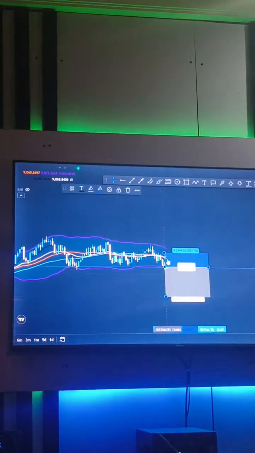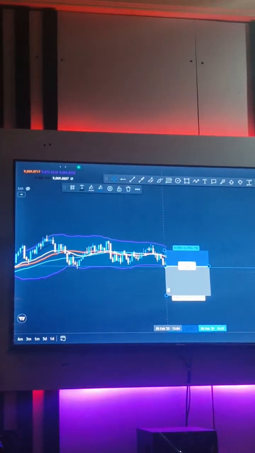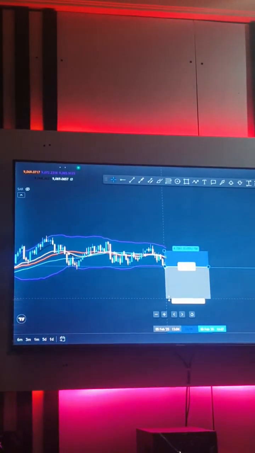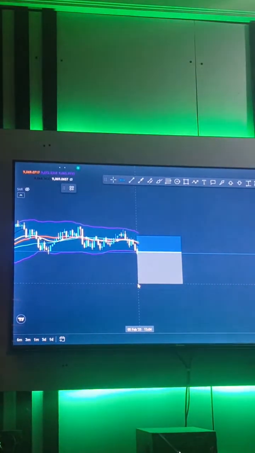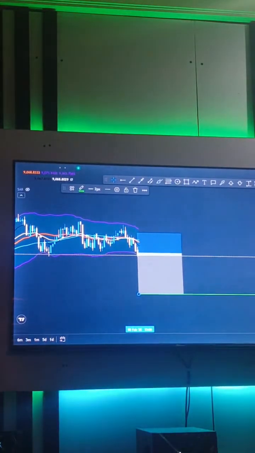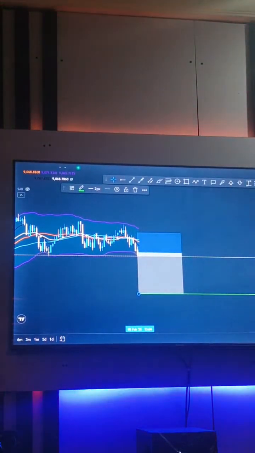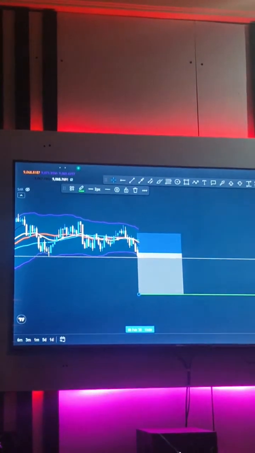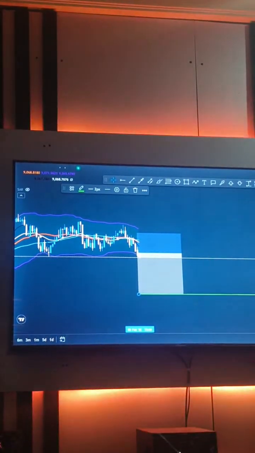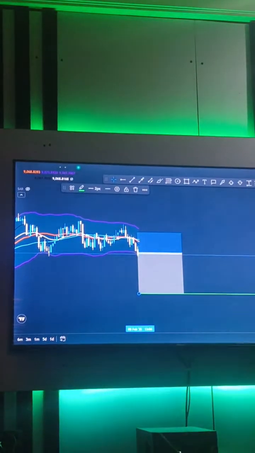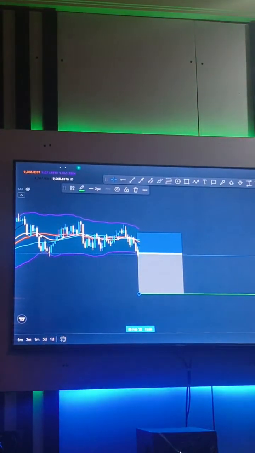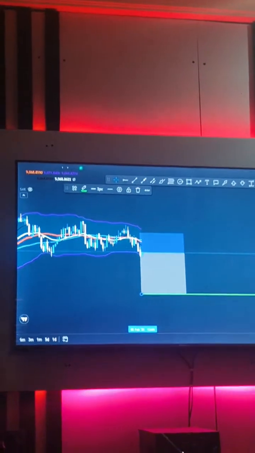I like to target 1:2 only. VIX10S, also same thing, 1:2. The volatility 10x, 1:2, same thing.